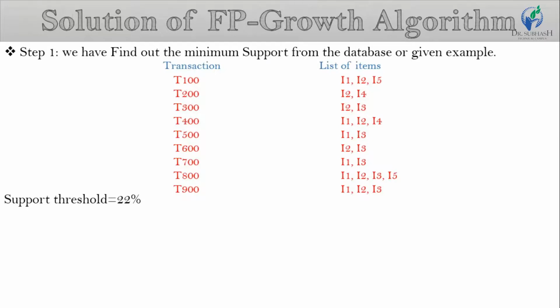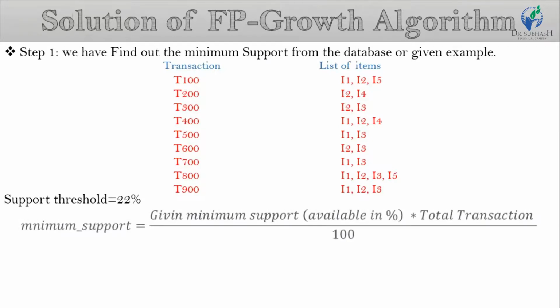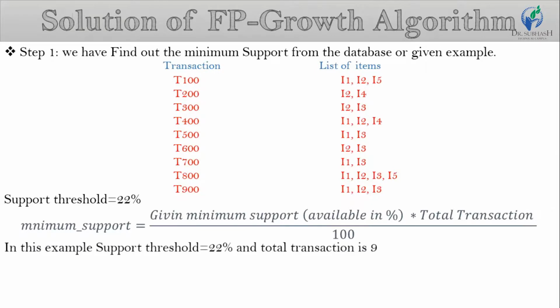So put those values in the equation. The equation is minimum support, which is available in percentage, into total transactions, divided by 100. So we have 22 into 9 divided by 100. The answer is 2. So the minimum support is 2.